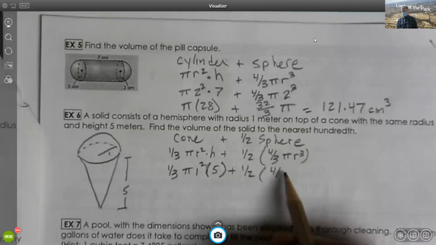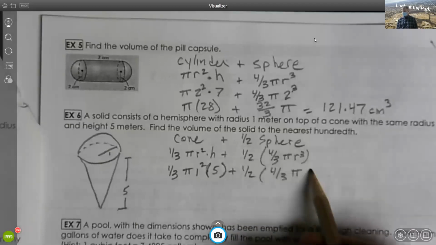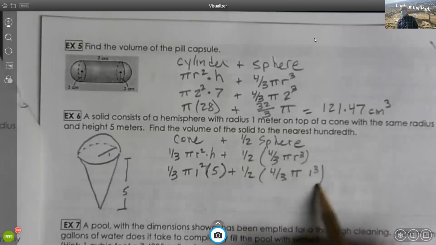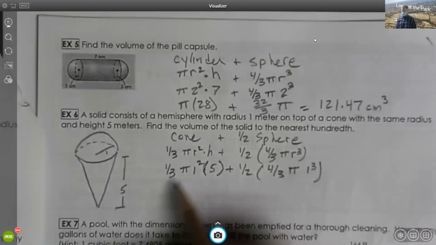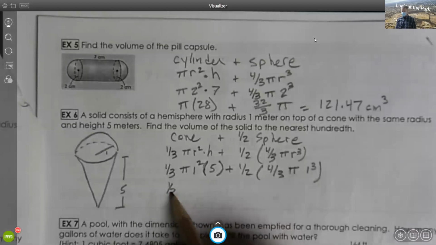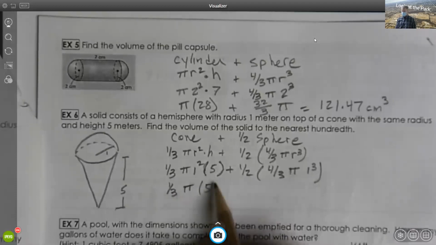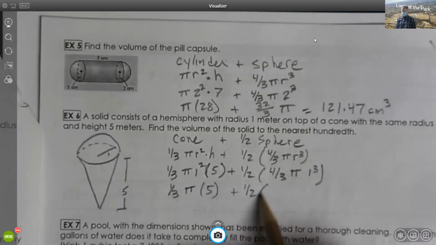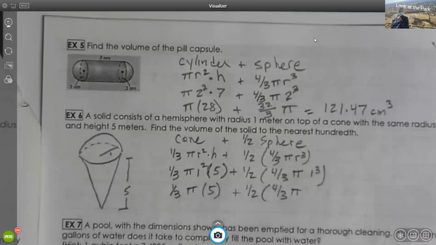When we come over to the half of a sphere, the radius is still 1. Radius of 1 makes it pretty simple to work with, because 1 times 1 is just 1. So that's 1 times 5. And this is 4/3 pi r cubed. So 1 times 1 times 1 is still 1.